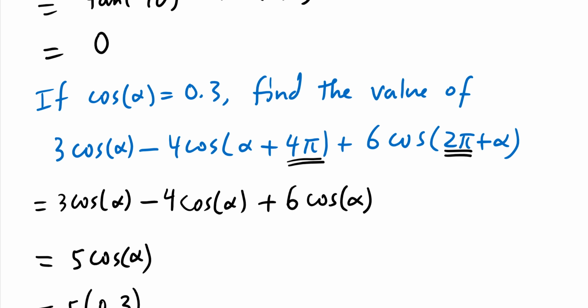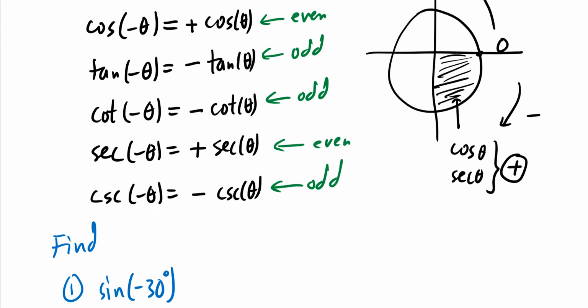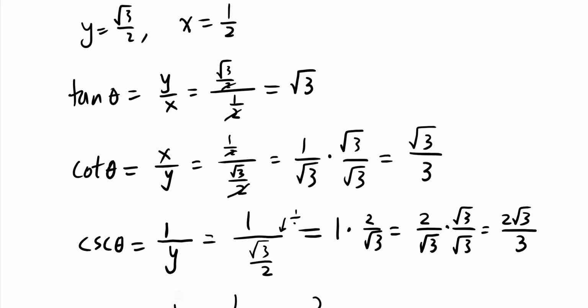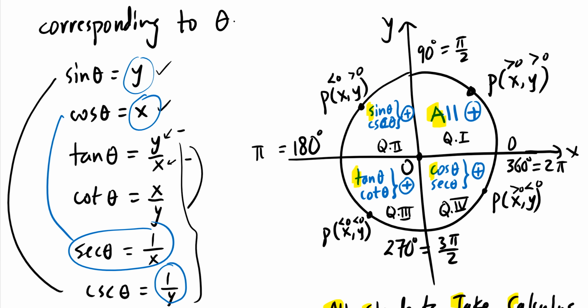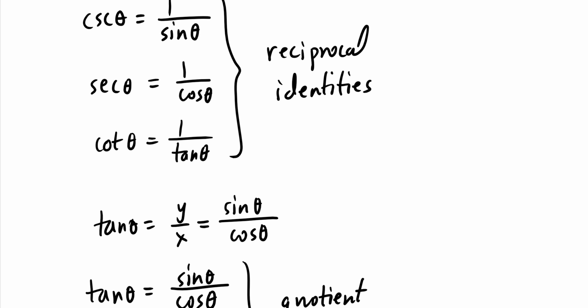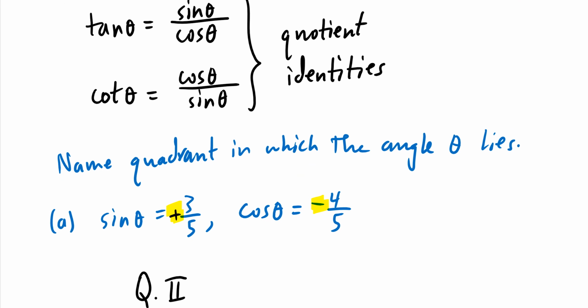So again, this section introduced a lot of properties of trigonometric functions with some identities. The first thing we wanted to know was where each function is positive, in which quadrant, and in which quadrant each one is negative. This is very important. Then we introduced the reciprocal identities and quotient identities. We're going to be using these throughout the semester, always referring back to them.